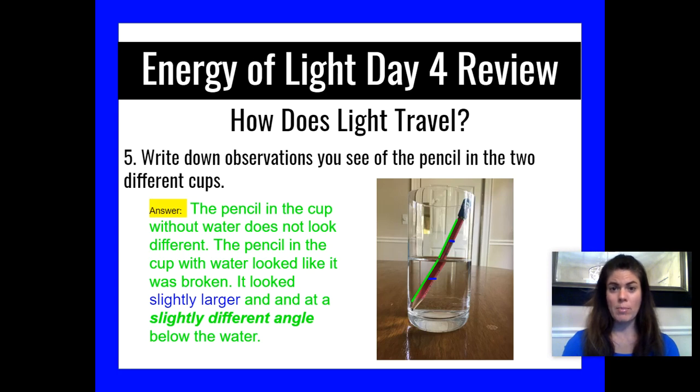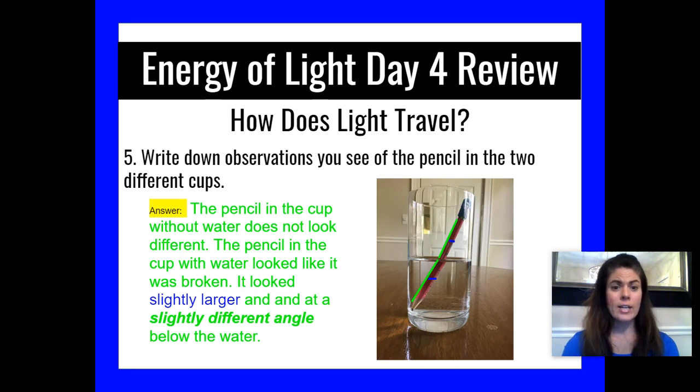In the image I'm providing on this slide, look at the pencil above the water and how wide it is. Then look at the pencil below the water and how wide it is. I drew the line with blue to show you that the pencil looked wider or slightly larger below the water.